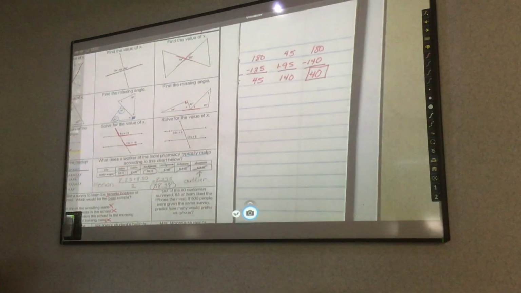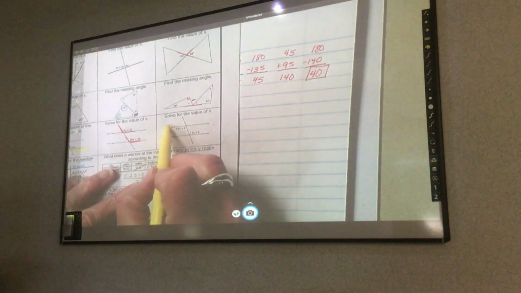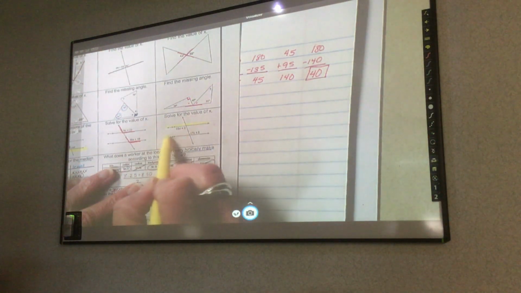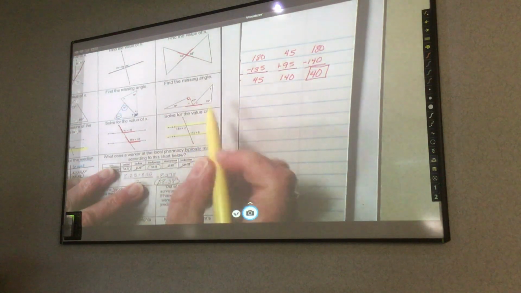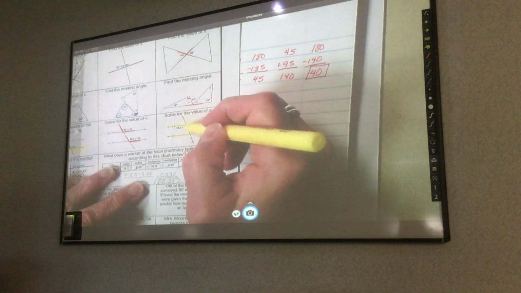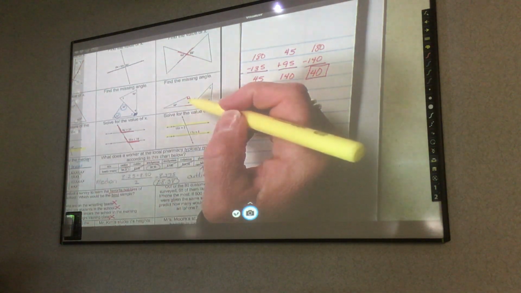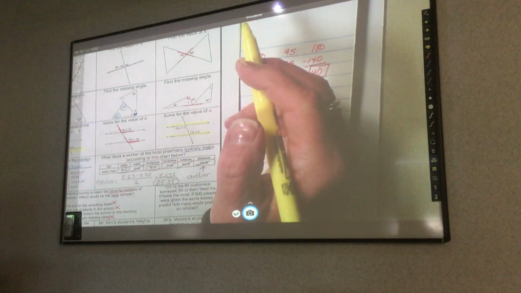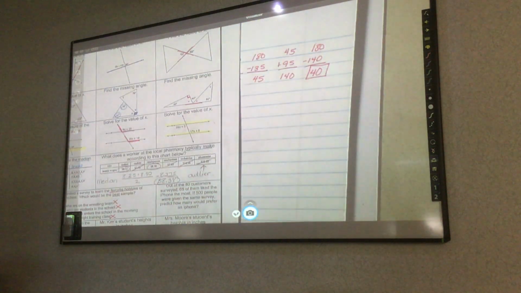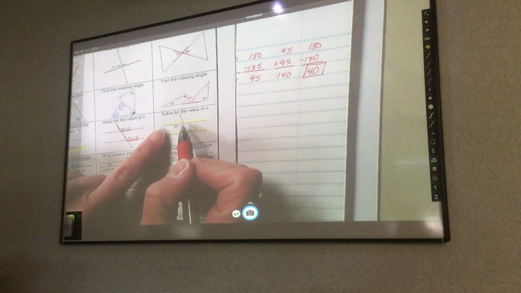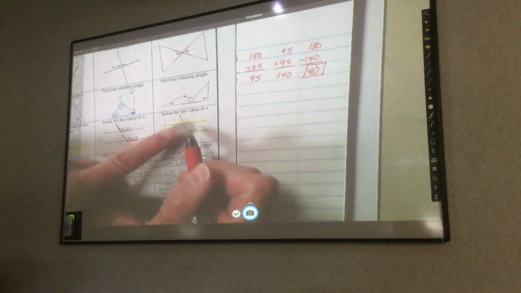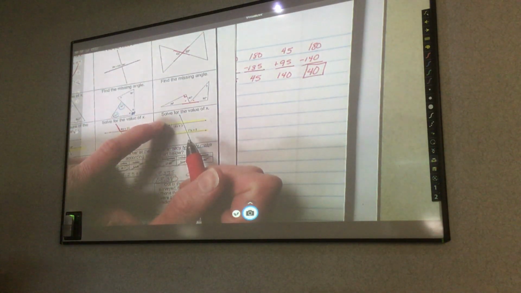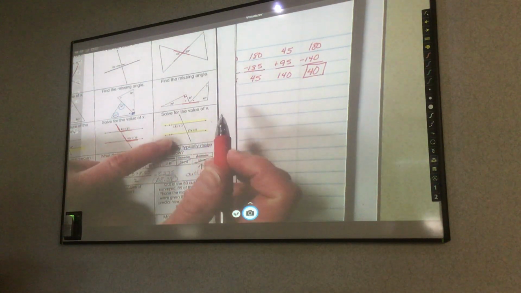I like to highlight my parallels here. And I forget the name of this intersecting line. There's a specific term for that line. And I forget what it is right now. And I apologize. But we can tell what these angles are. Are they on the inside or the outside of the parallel lines?